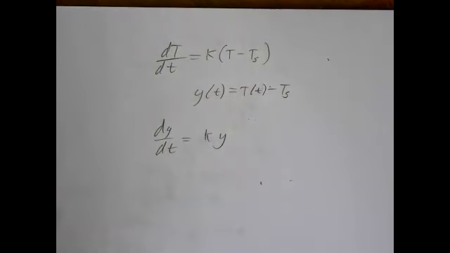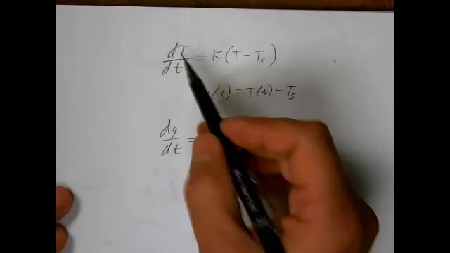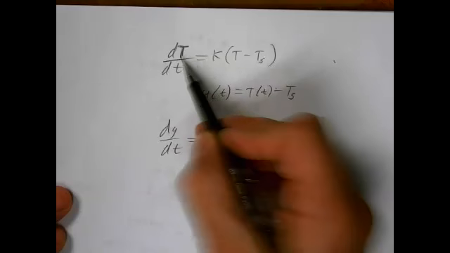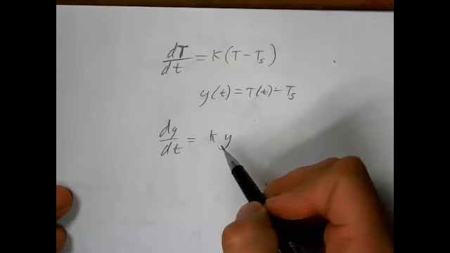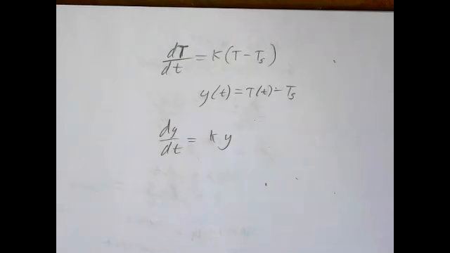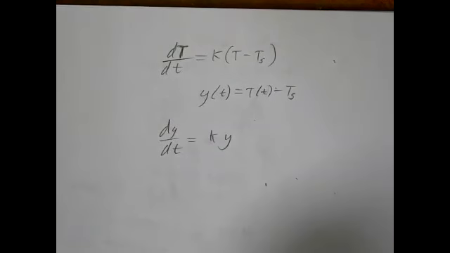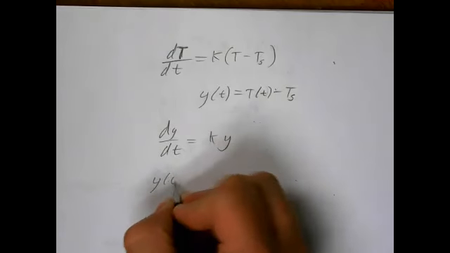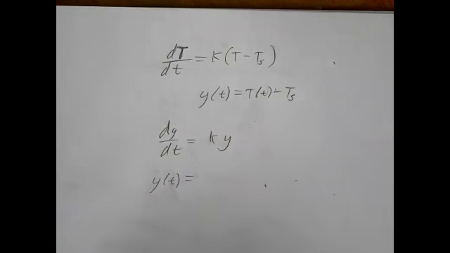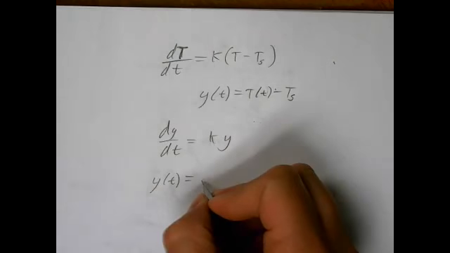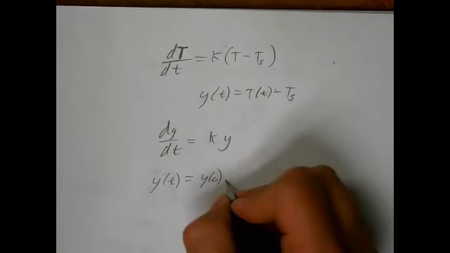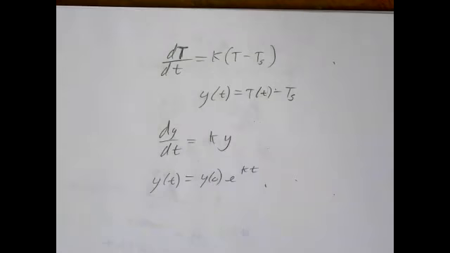So again, remember, function capital T is the temperature at any time function, whereas function y is the difference in temperature function. So what we know from the theorem earlier is that y of t, difference in temperature at any time, is equal to y at 0, meaning initial difference in temperature, times e to the kt.